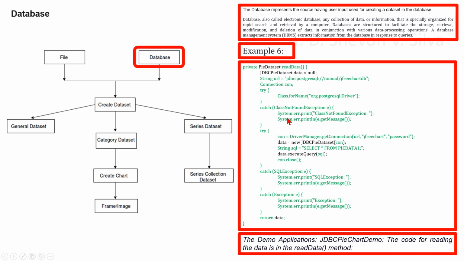A connection is made to the database using the username and password combination, JFreeChart for password. The query used to pull the data from the database is a standard select query, but you can use any SQL query as long as it returns the columns in the required format.